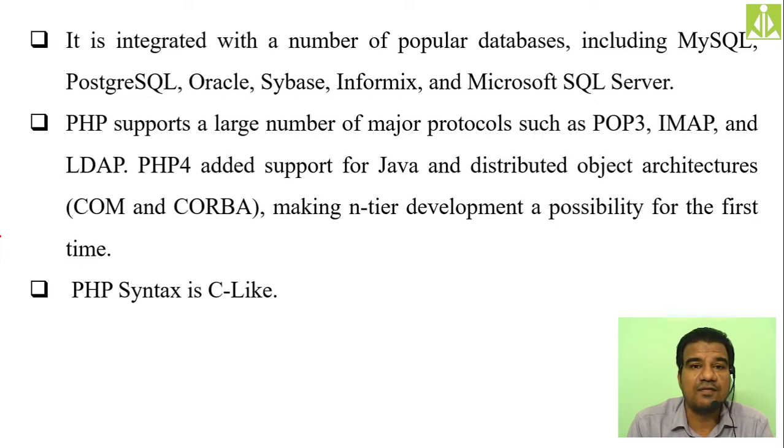All these are different database management systems. Whatever I have listed over here are all examples of database management systems. Oracle we already practiced inside your SQL course. So MySQL, Postgres, Sybase, Informix, and Microsoft SQL Server are all similar to your Oracle.